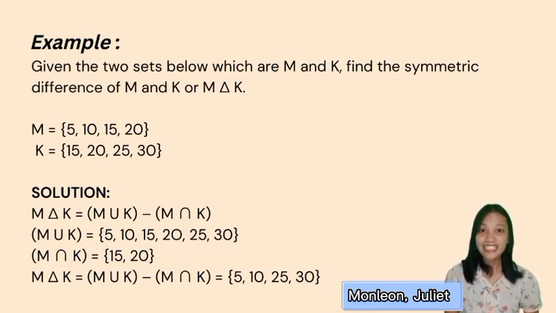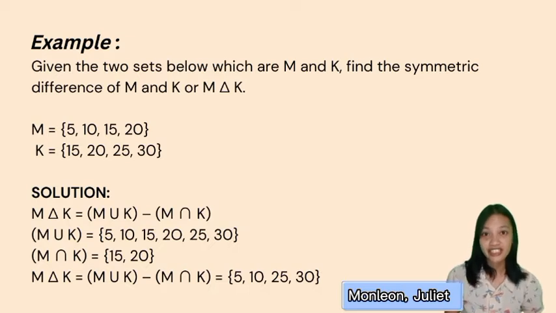Set M has the elements 5, 10, 15, and 20, while set K contains the elements 15, 20, 25, and 30. So by using the notation I've discussed earlier, we can come up with a solution like this one.